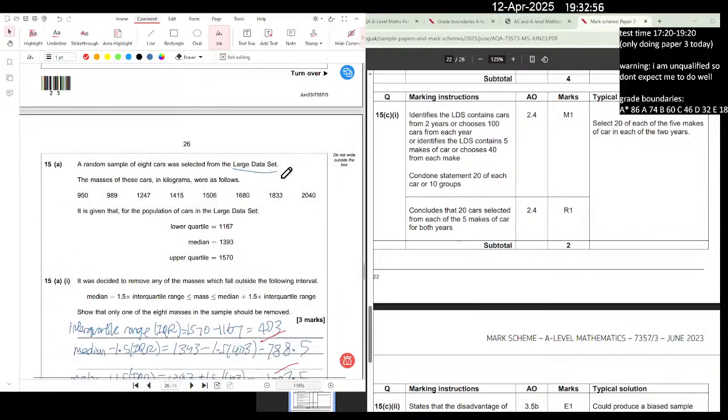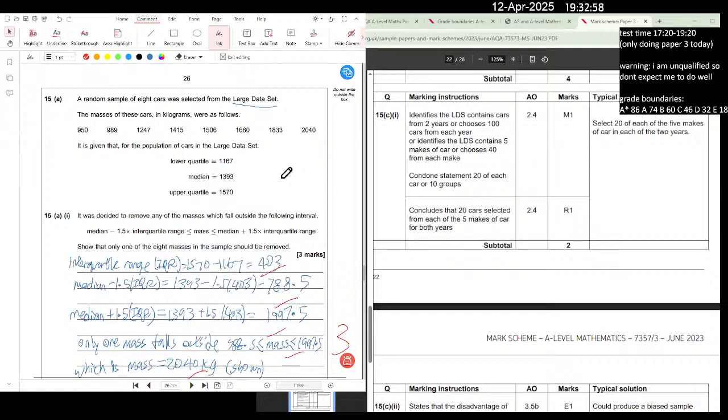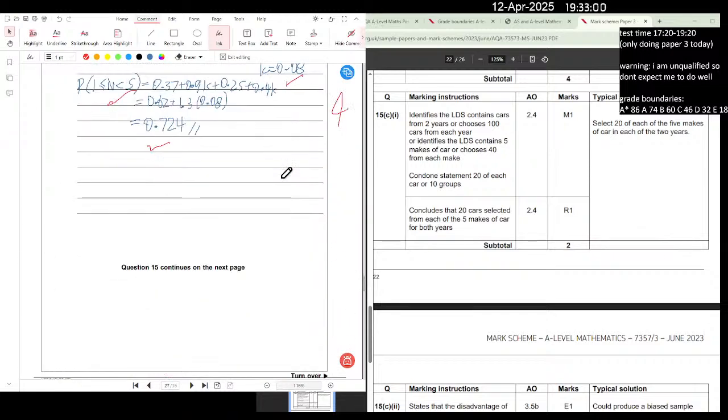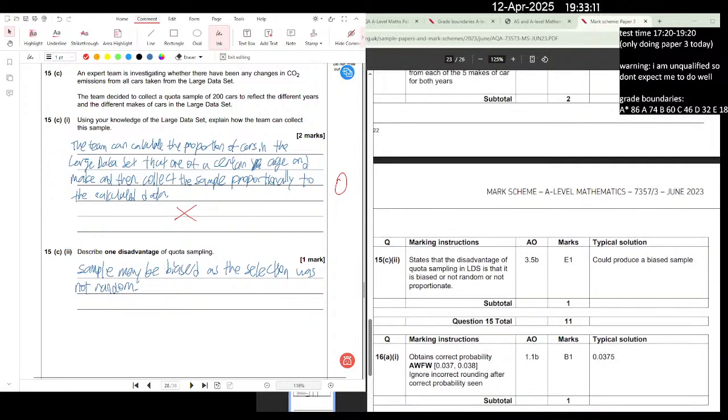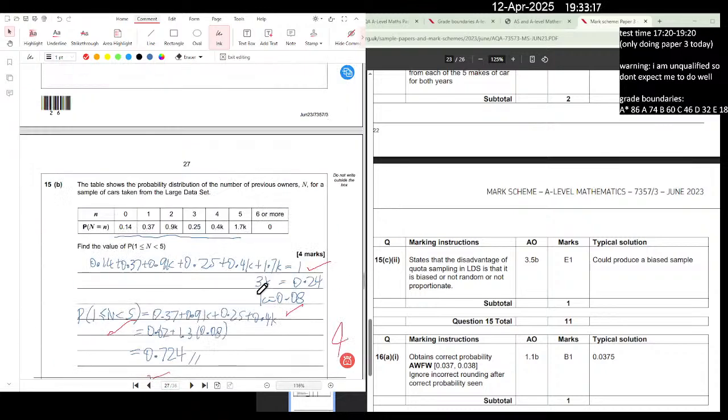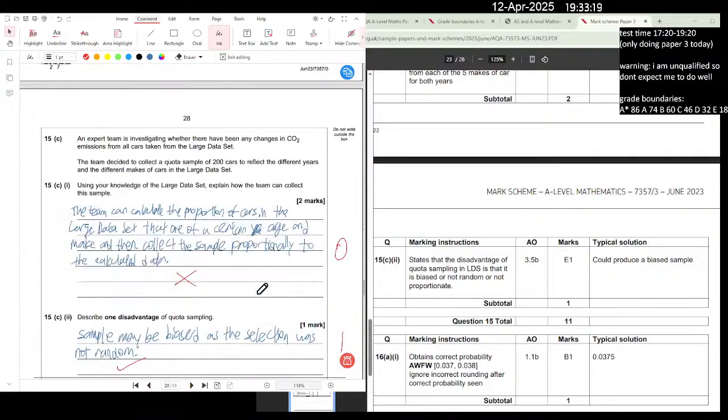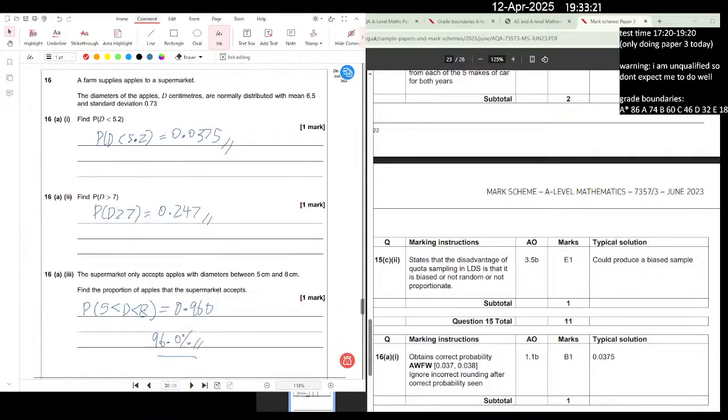It doesn't say anywhere. Does it? I did not make mention of any of those because I didn't know there was such a thing. So 0. Sample may be biased, or not random, or not proportionate. I did say 2 of those things, so 1. At least I get marks for that. Oh, what a nightmare. Okay, next.